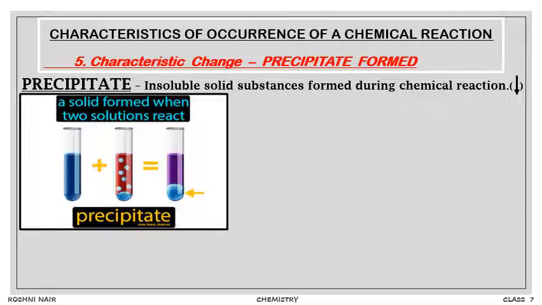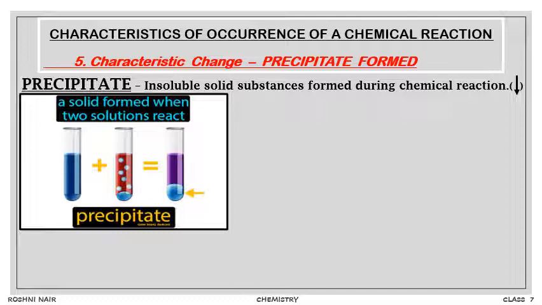Because the precipitate, being heavier in nature, will settle down in the test tube, right? Compared to that, gases which are evolved are lighter in nature, so they will be collected on top, right? So the precipitate formed in any chemical reaction is shown with an arrow which points downwards.